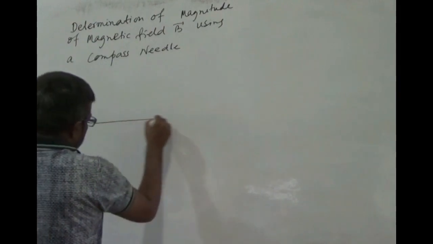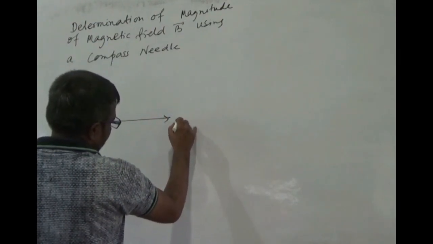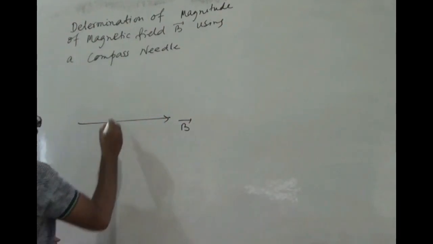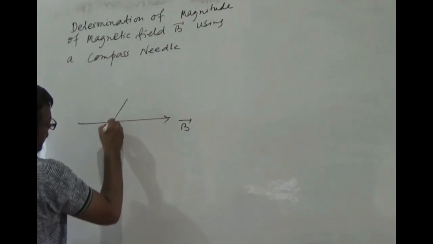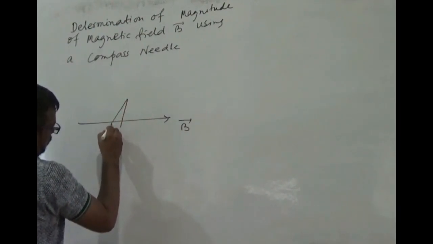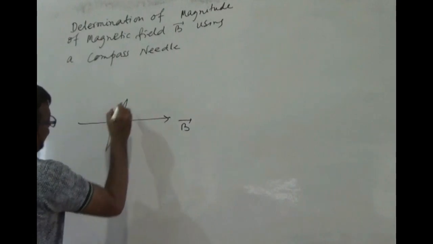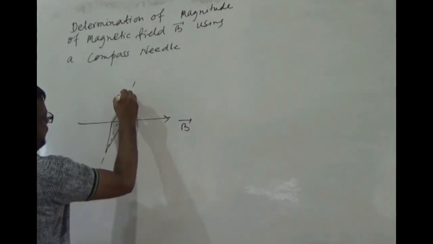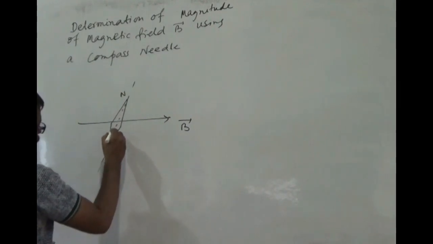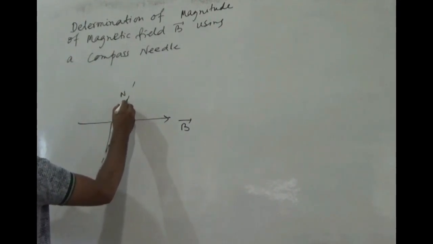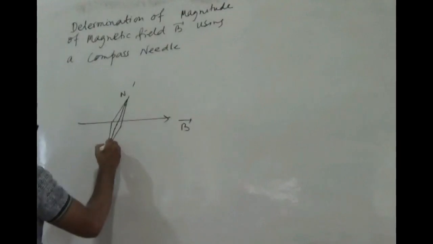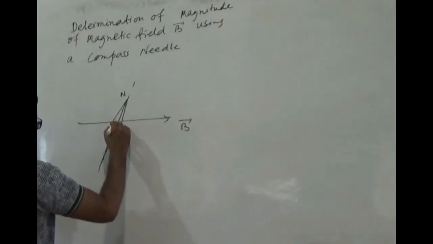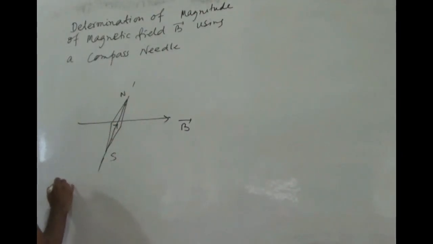Let us say here is a uniform magnetic field of strength B and we place a small magnetic needle. Let us say this is North Pole and this is South Pole. And this magnetic needle has magnetic dipole moment capital M.